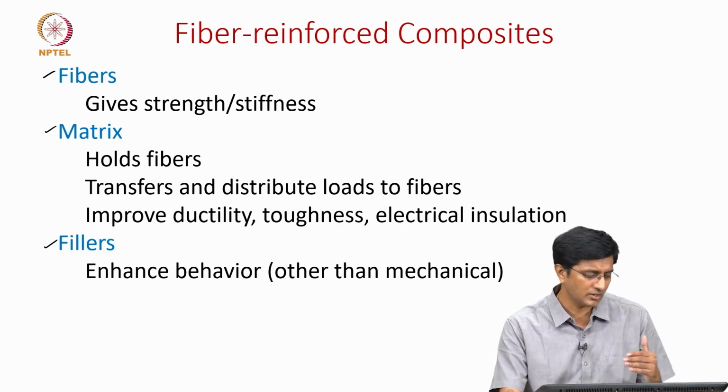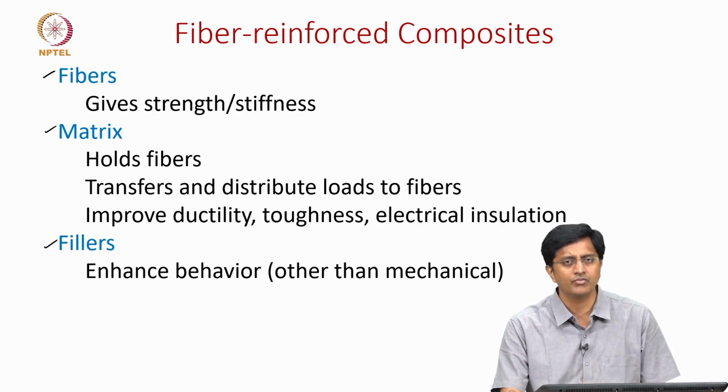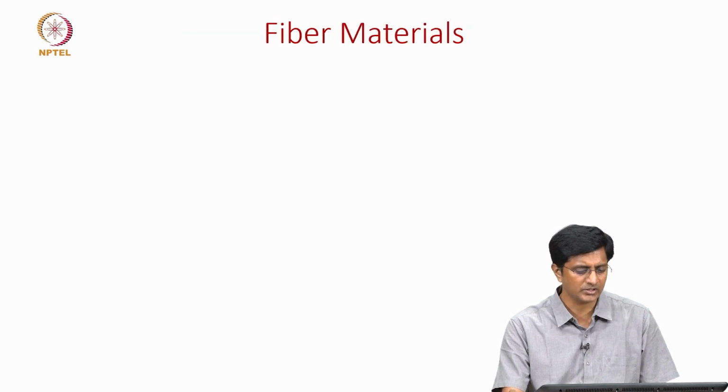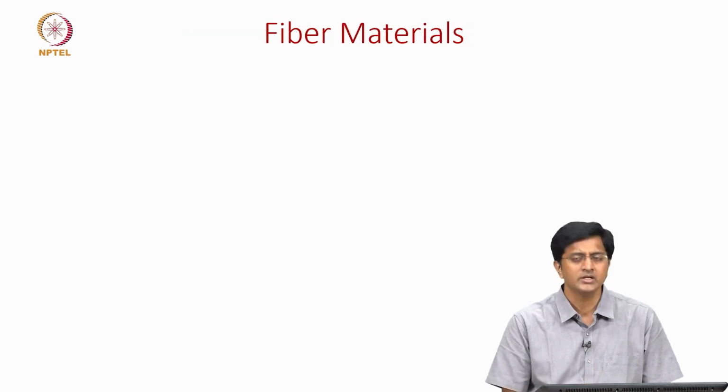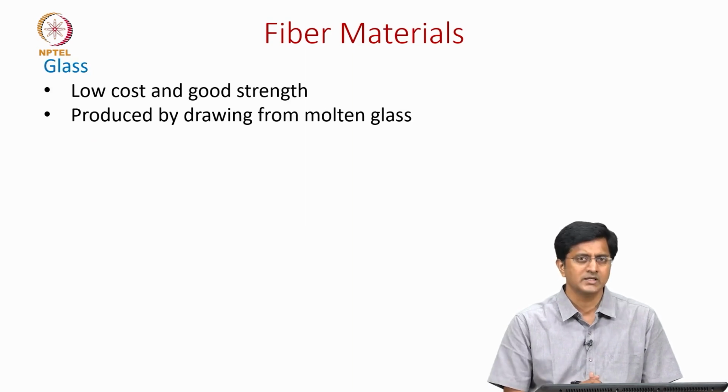But now let us dive into each of these materials and see what are the different options we have for choosing a particular composite. So, starting with fiber materials, we start with glass.